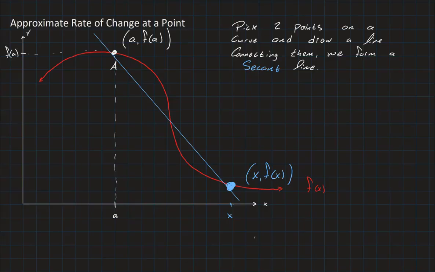And if I draw a line in between those 2 points, we form what's called a secant line. And the slope of the secant line is given by the following.